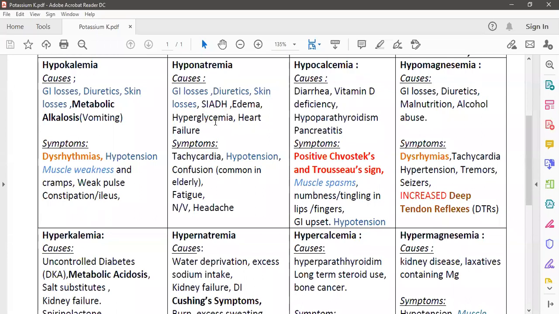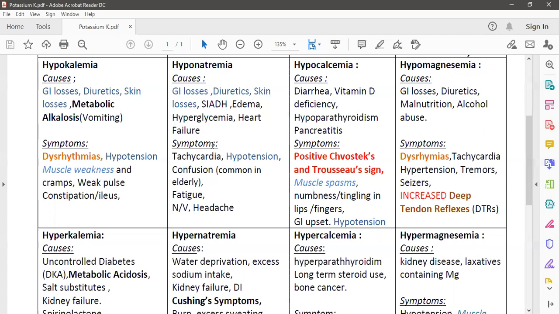Or hyperglycemia, heart failure. Like when you give your patient diuretics and the patient urinates too much, definitely there is electrolyte loss and it causes hyponatremia. Diuretics cause hypokalemia and hyponatremia.